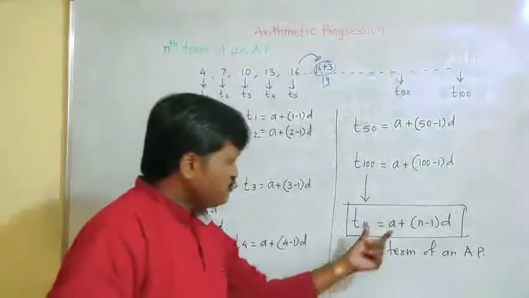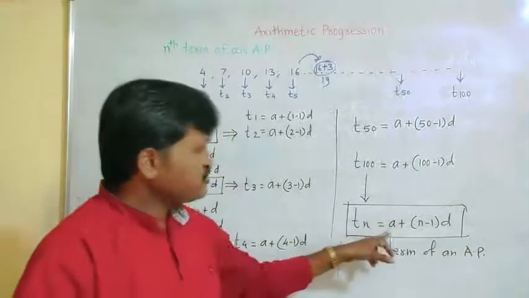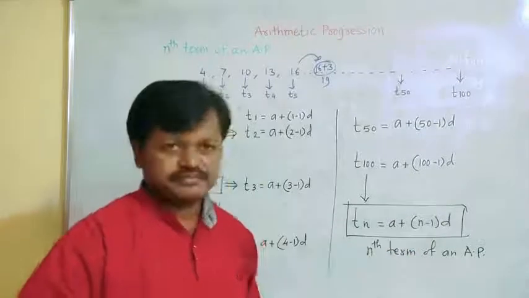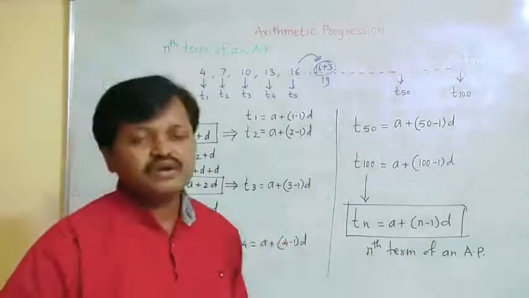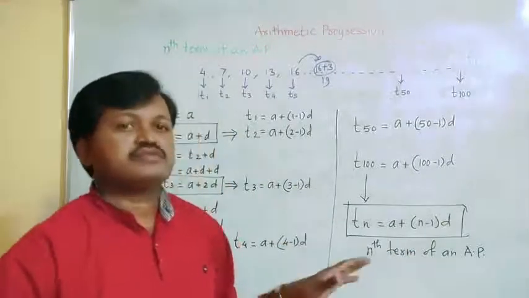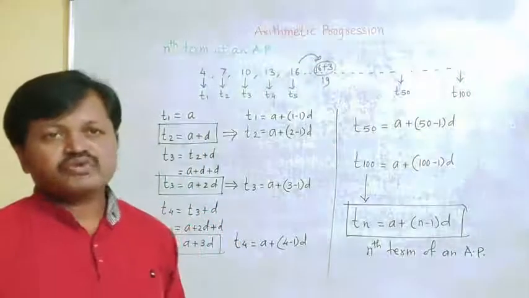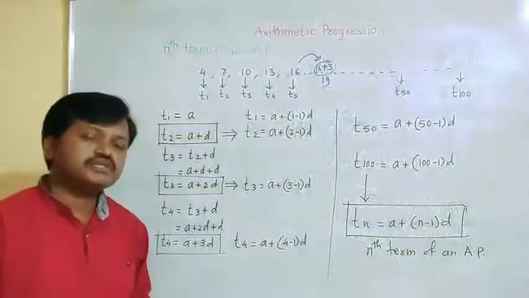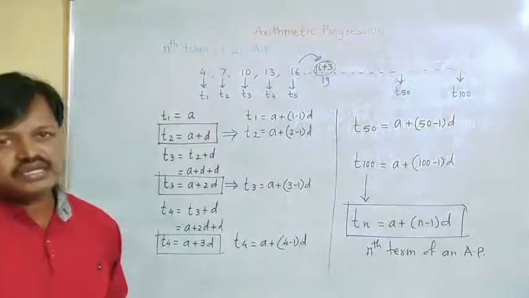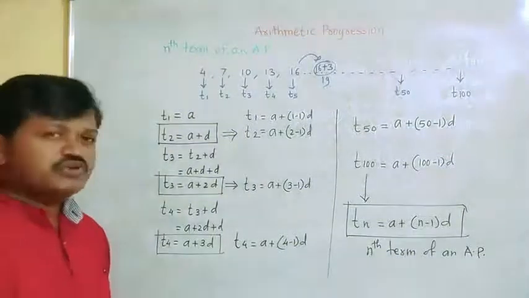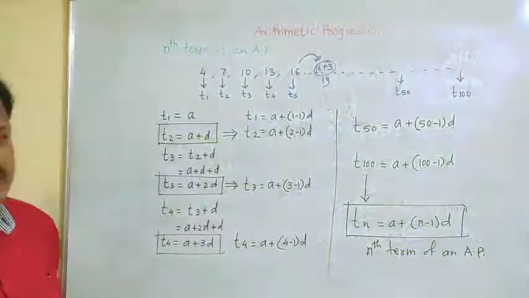As a generalization, we get this formula Tn is equal to a plus n minus 1 d, and by using this formula we calculate any nth term of an AP. म्हणजे त्या अरिथमेटिक प्रोग्रेशन मधलं कोणतंही पद आपण इथं काढू शकतो. आता हे कसं काढायचं? By example we share, but before this you write all this.